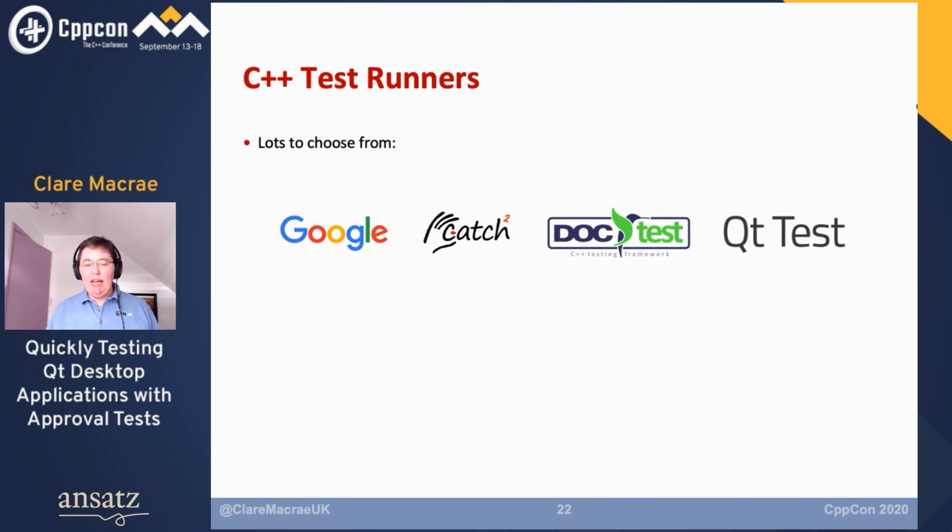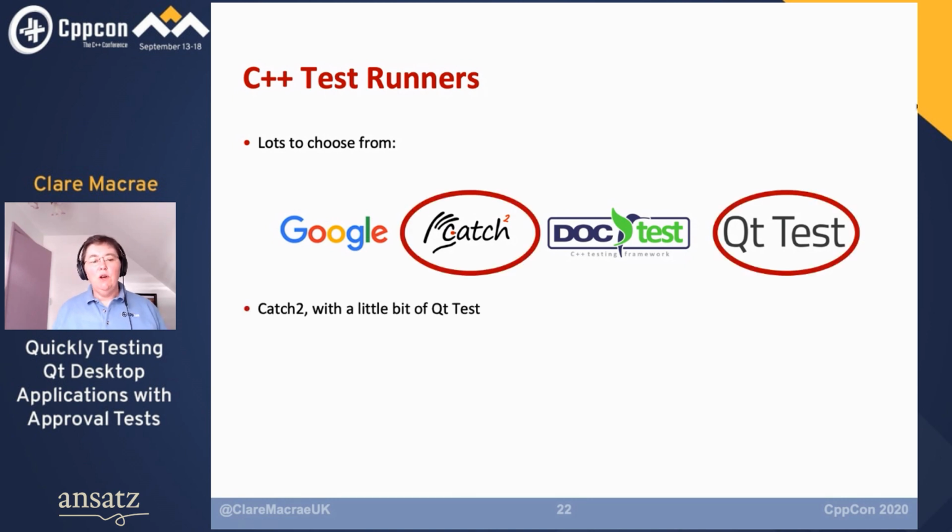So how do you create your test executable? You need to have a runner, use a test framework that allows you to express the tests that you're writing and provides the code to drive those tests. And there are many to choose from in C++. Here are 4 reasonably well-known ones: Google, Catch2, DocTest, and Qt itself has its own test library.